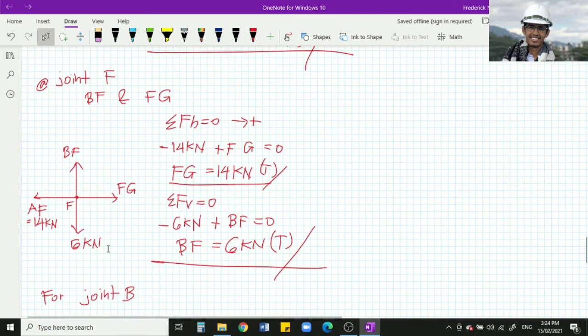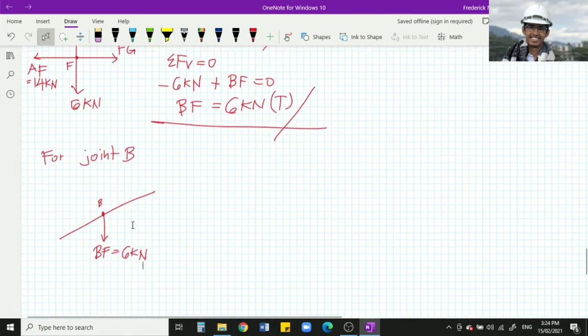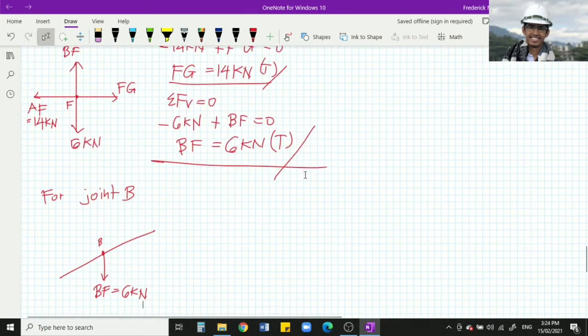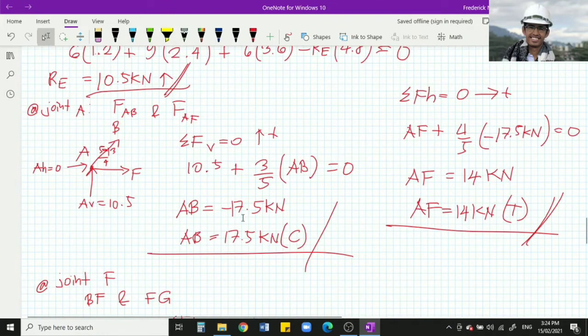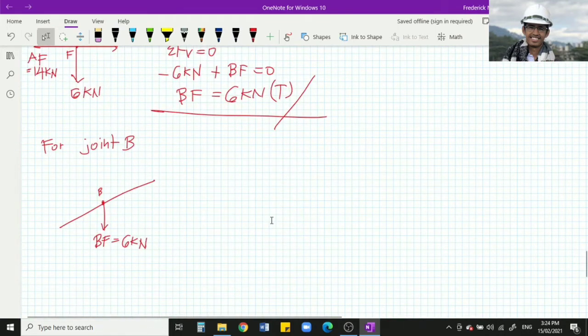Okay? So always away to the joint kapag tension. Okay? And yung AB natin, so yung AB natin is compression, di ba? Negative 17.5 kilonewton yung AB natin. So kapag compression class, towards dun sa ating joint. Okay? So this will be AB is equal to 17.5.